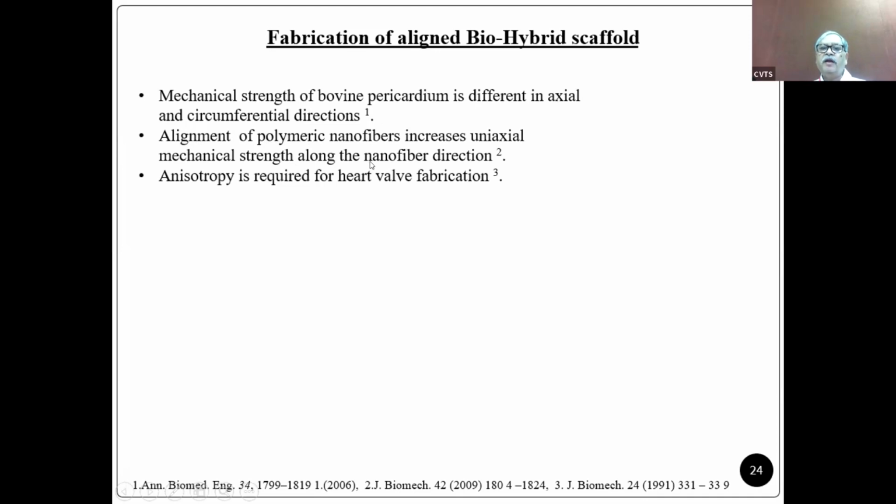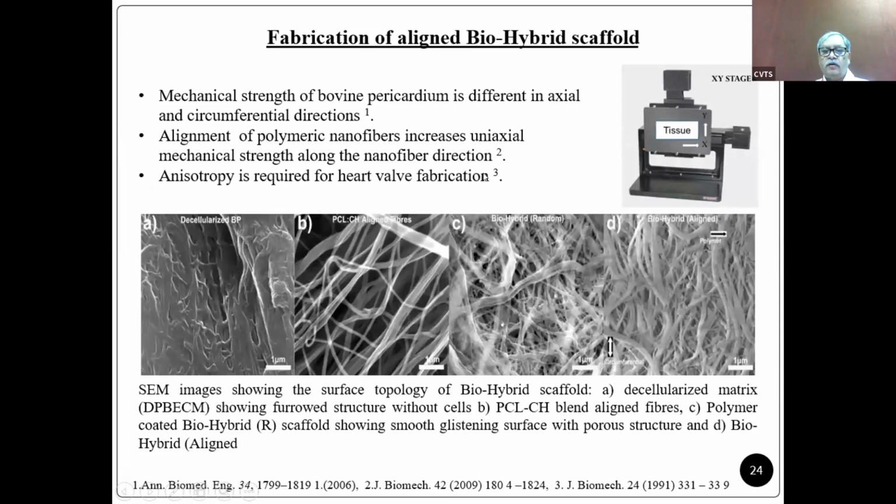Alignment of the polymeric nanofiber increases the uniaxial mechanical strength along the nanofiber, and anisotropy is required for the heart wall fabrication. So you can see here the same images of these. This is decellularized, this is the PCL only, this is the hybrid scaffold, PCM and chitosan, and this is aligned fibers.